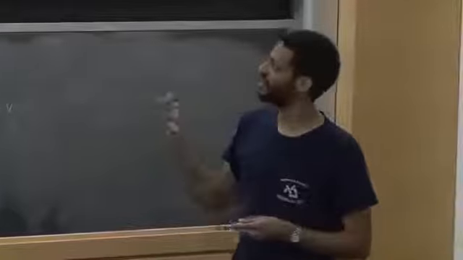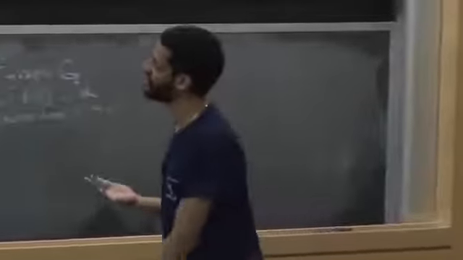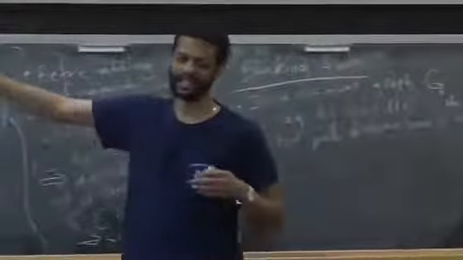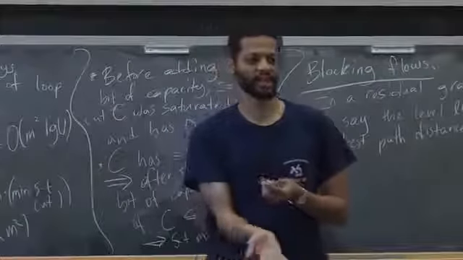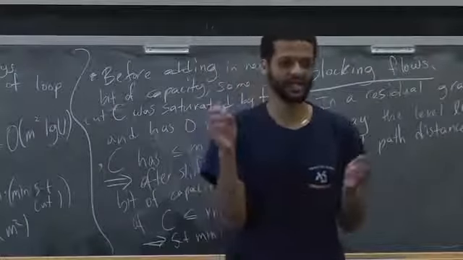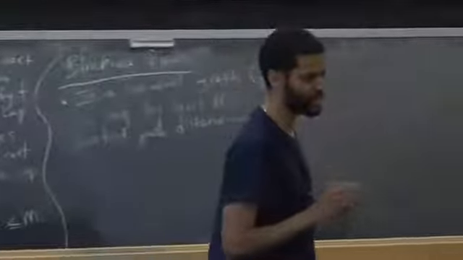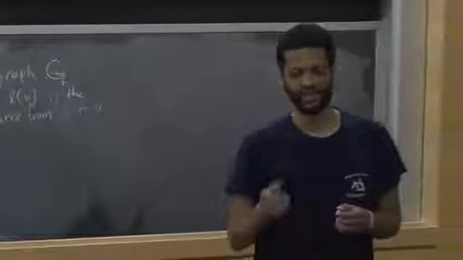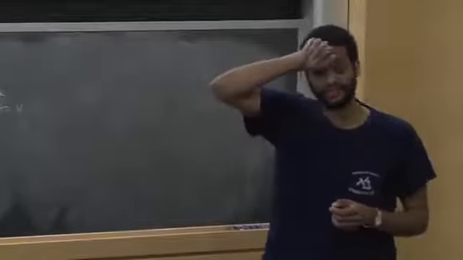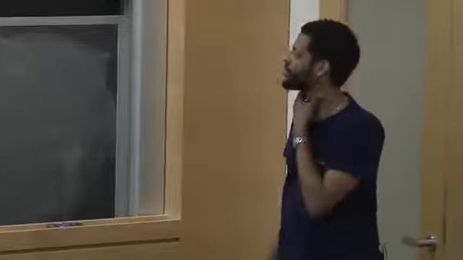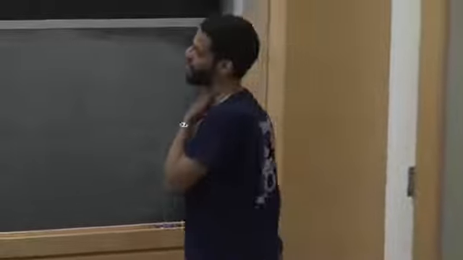But that's if they're integers. If you say they're fractions, then why can't I just take all the capacities and normalize by the largest one? That doesn't change the flow problem at all, but that changes the largest capacity, right? So something about that is off. You need some kind of normalization for it to make sense. So I'm assuming all the denominators are cleared out.